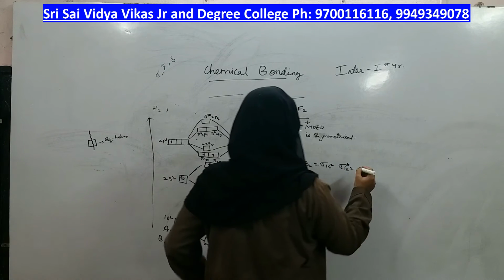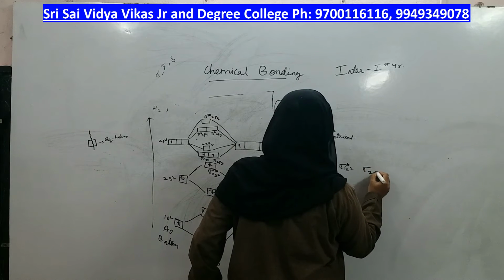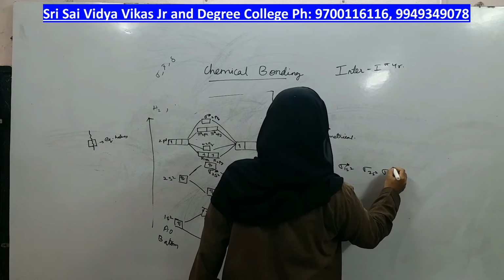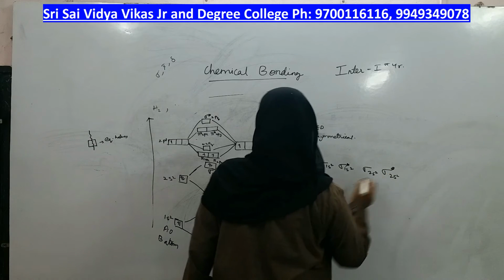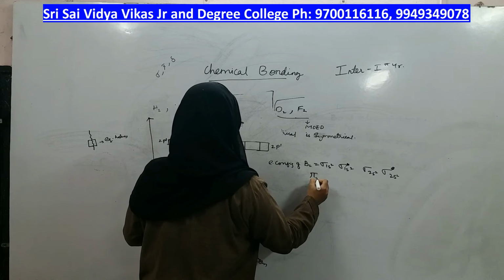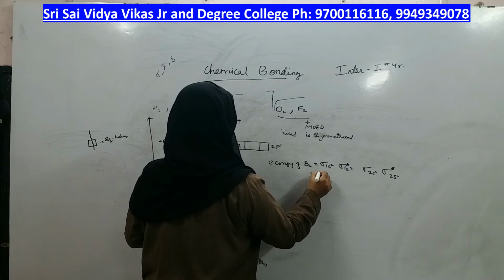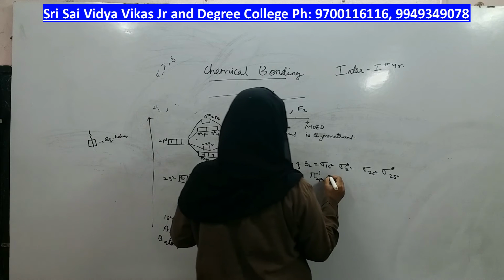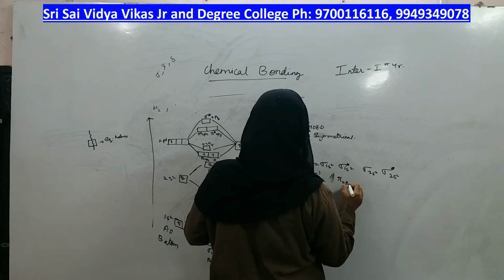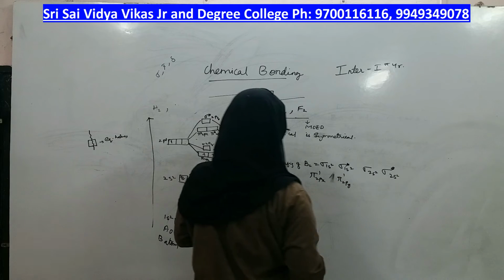Then next is sigma 2s2, then sigma star 2s2, next pi 2px having 1 electron and pi 2py having 1 electron.